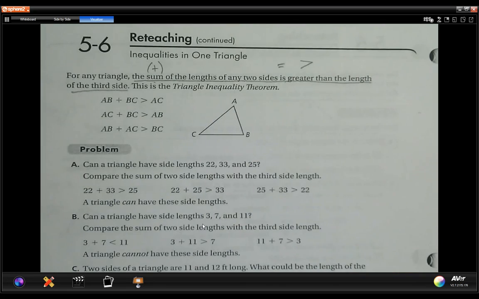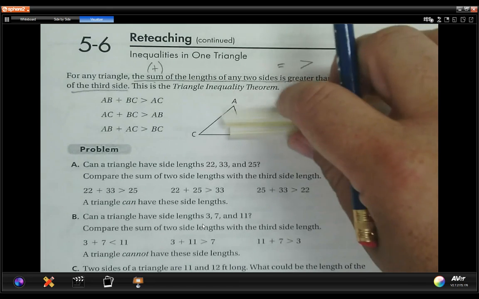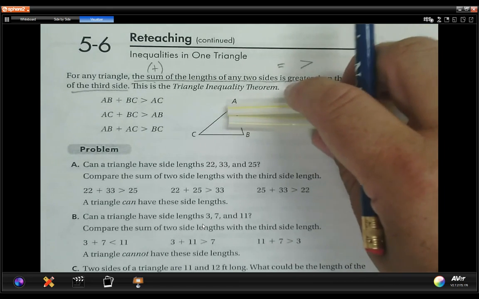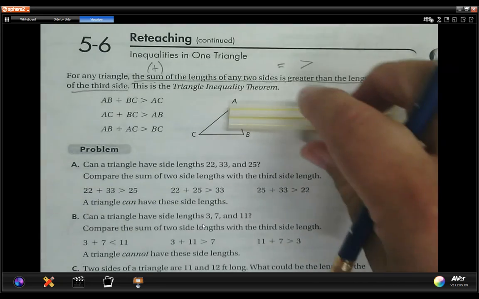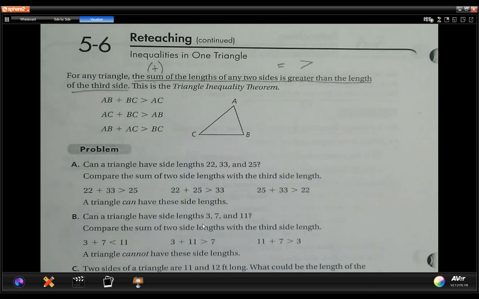Whereas if you take those same lengths, again, your two smaller sides, and it is not greater than the longest side, then it doesn't make a triangle. Now, that still may seem a little bit confusing, but again, it's going to be very simple once we really take a look at this.